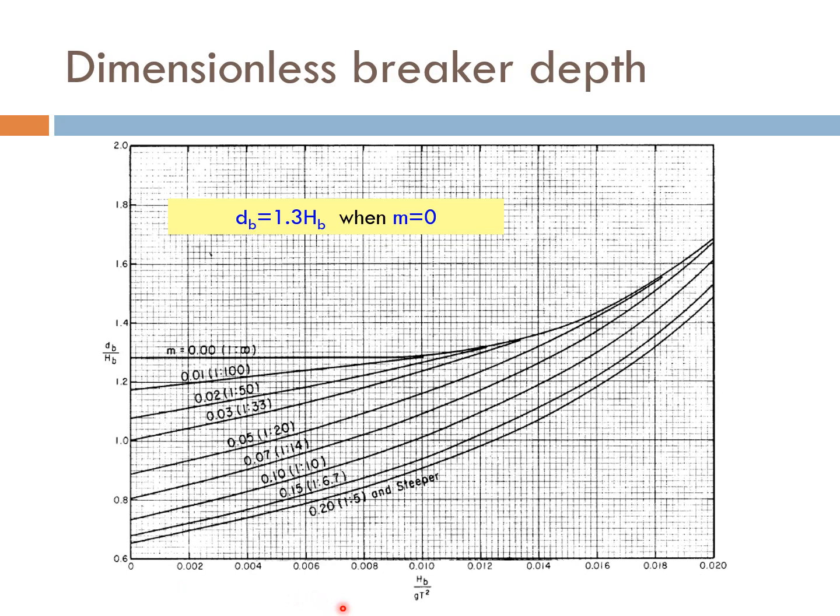This is the second chart. Once we obtain the breaker height, we can calculate this dimensionless term, and we are going to do the same thing. We're going to move up and choose the correct curve which represents the beach slope, and then we move across to read the ratio of db over Hb.